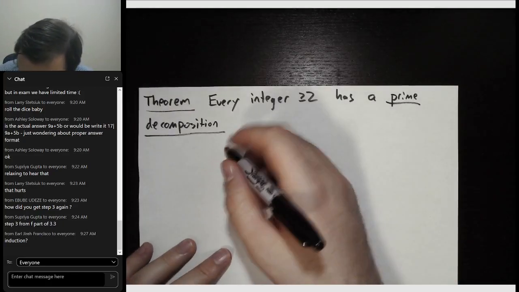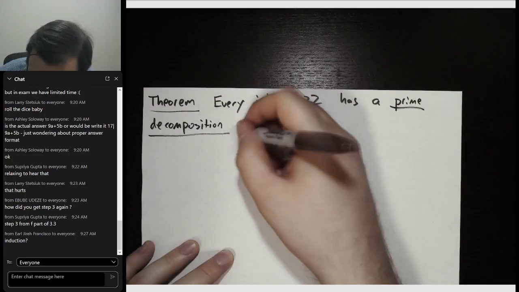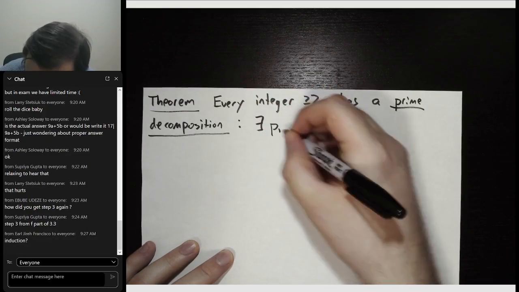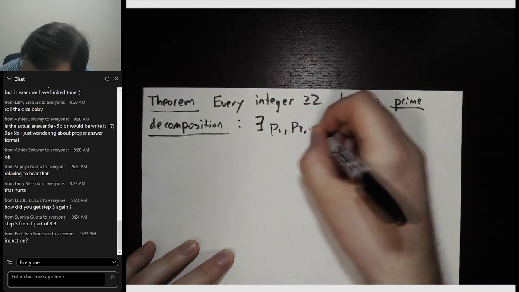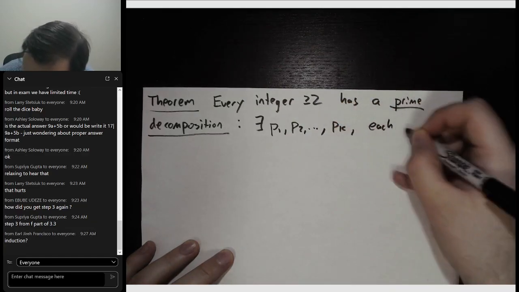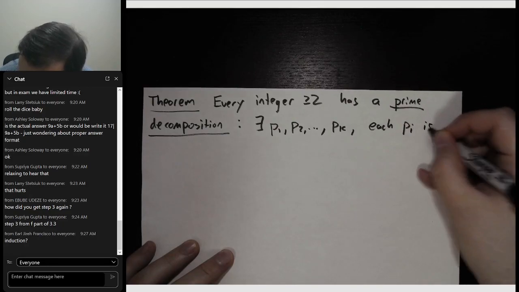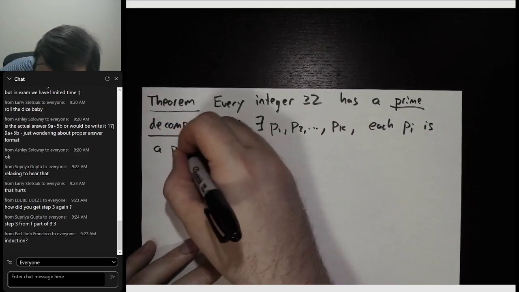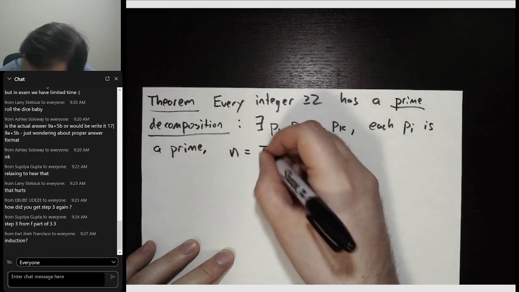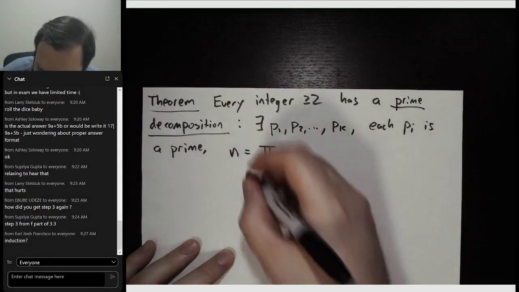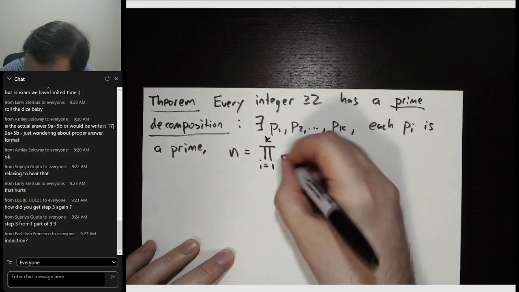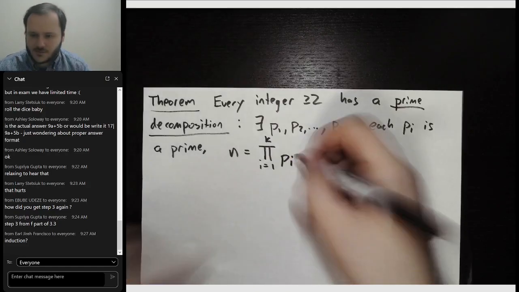So a prime decomposition is that there exists P1, P2, all the way up to Pk, each P sub i is a prime, and n is equal to capital pi for product, the product of all of these primes.